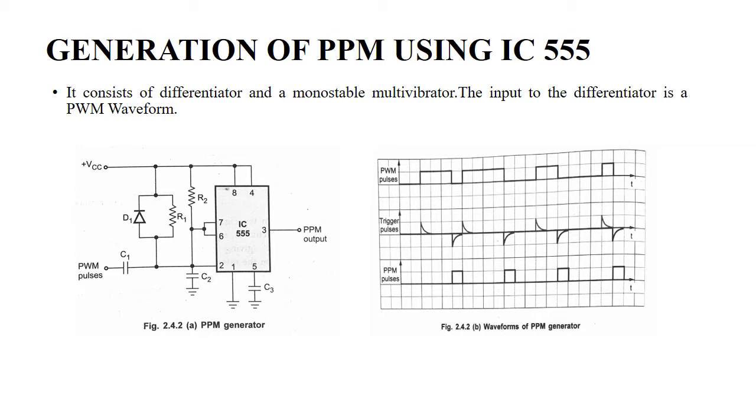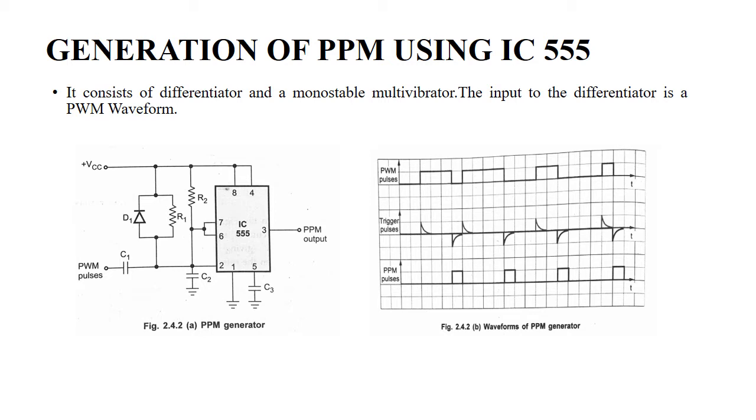Next, generation of PPM using the IC555. Here it consists of a differentiator and a monostable multivibrator. The input to the differentiator is the PWM waveform, and the differentiator generates positive and negative spikes corresponding to the leading and trailing edges of the PWM waveform.